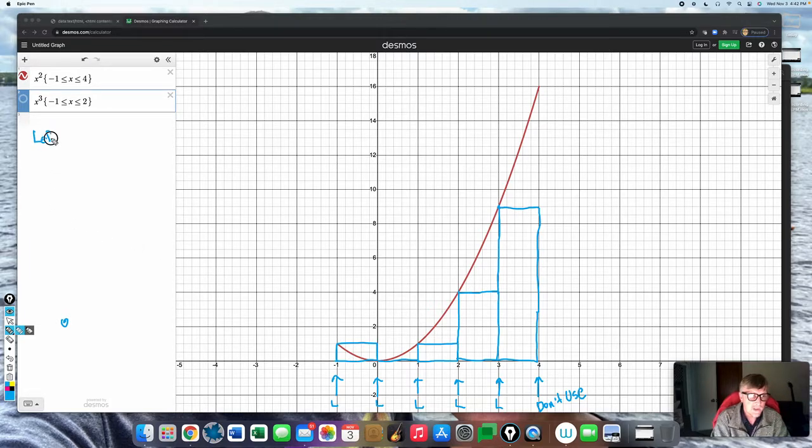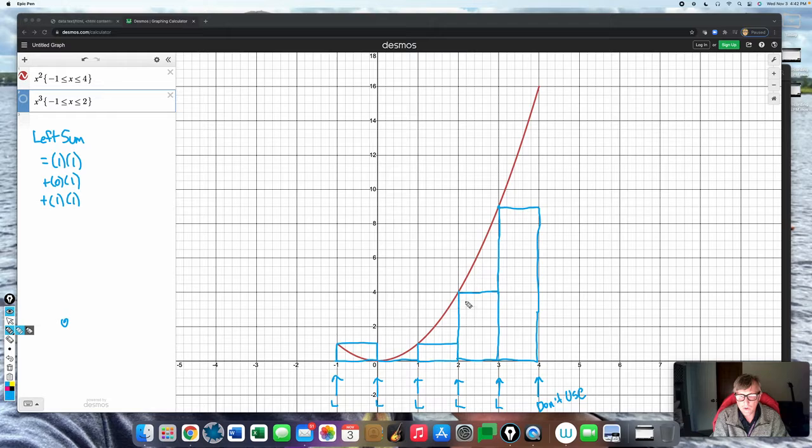So the left sum would be, let's see, the height there is 1 and the base length is 1. Now, this is not drawn to scale. This is actually a square, but I've condensed the graph so that you can see more of it. So we have 1 times 1, and then we add 0 times 1, and then 1 times 1 again.